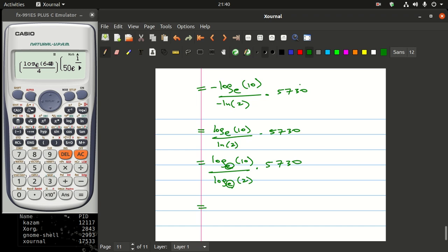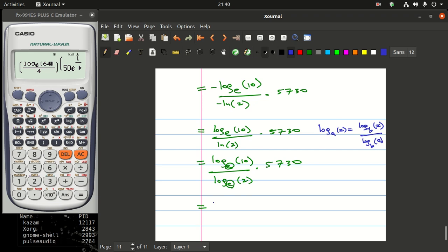If you remember when we were doing logs, we said that if I have log a of x, this is the same as log b of x all over log b of a. This is any base. You can place a 10 or any base as long as b is greater than 0. As long as the base is the same in the numerator and the denominator, I can always take what is in the denominator as a base, and what is in the numerator as the number inside.